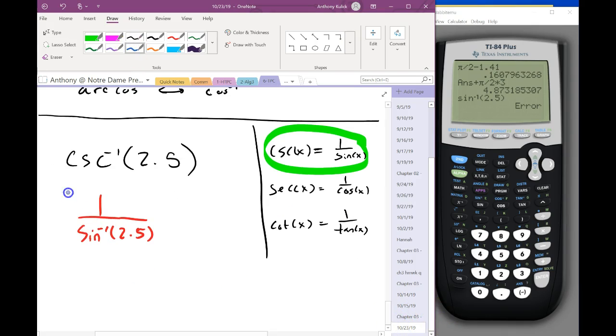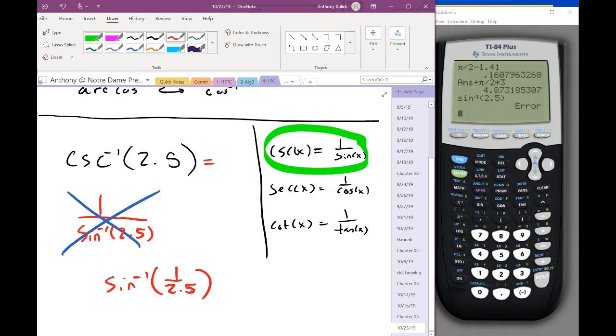So this is not what we want to do. Here's what we do want to do. We're going to do sine inverse of 1 over 2.5. So the reciprocal is applied to this value, not to the whole thing.